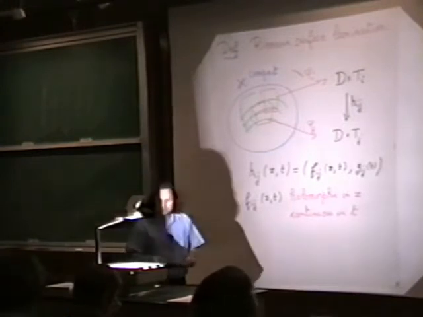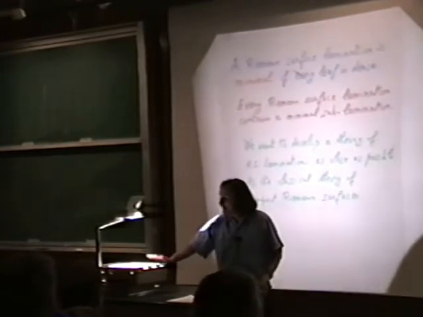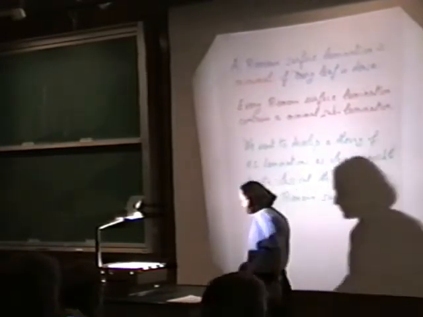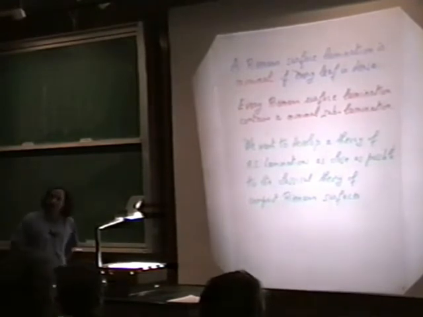One further definition to make things simpler is the following. Just like for Riemann surfaces, irreducible or connected Riemann surfaces, I want to introduce a very simple concept. We say that the Riemann surface lamination is minimal if every leaf is dense in it.